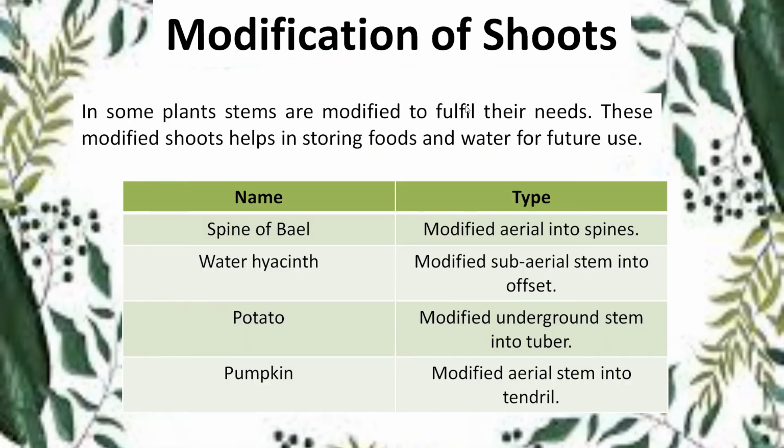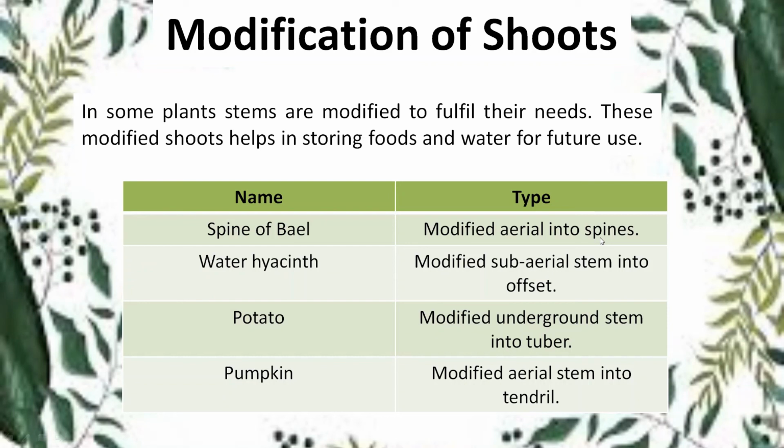Now some modifications of shoots. In some plants, stems are modified to fulfill their needs. These modified shoots help in storing food and water for future use. In spine of bale, the modified aerial stem is converted into spines.